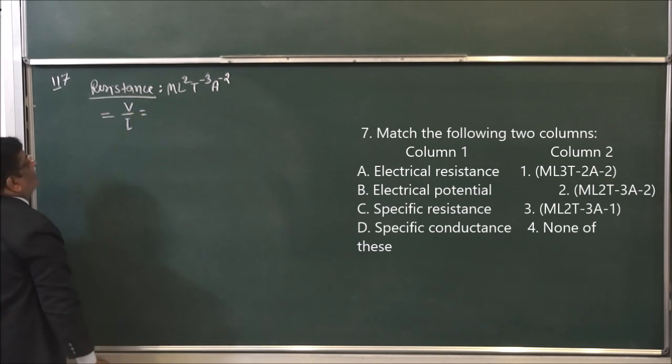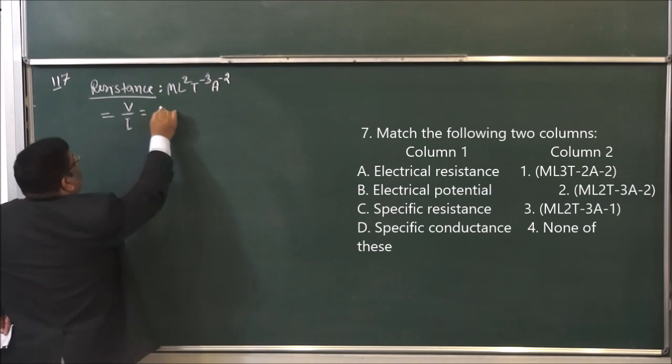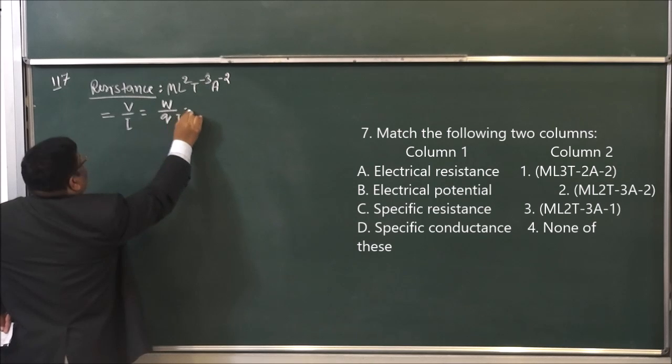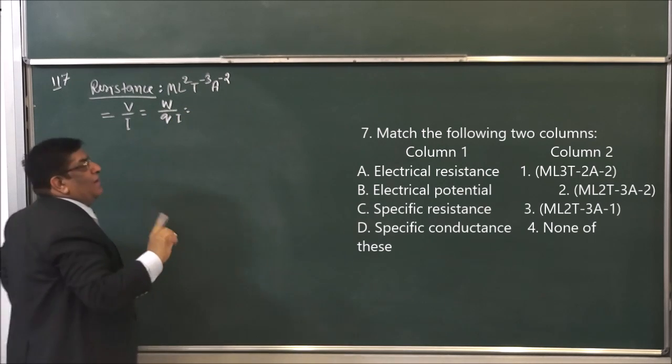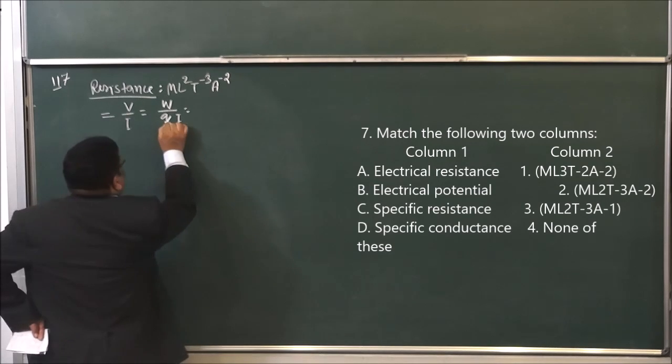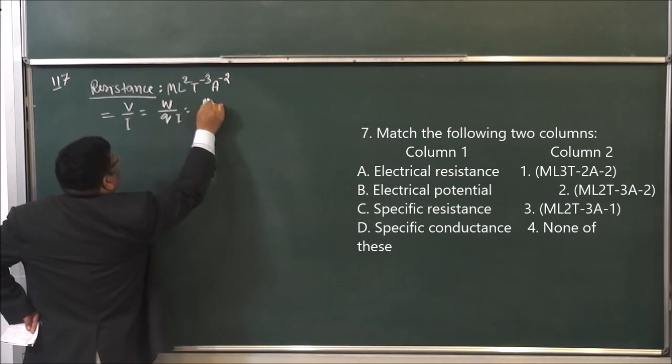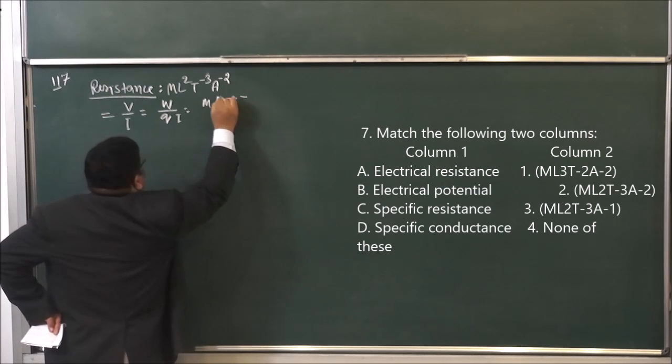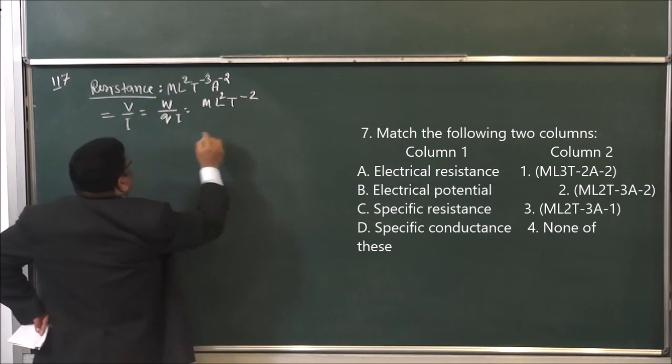V is what? V is work per unit charge, divided by I, because we are converting into the fundamental dimensions of current I. So this Q we should also convert to I. So this is ML^2 T^-2.